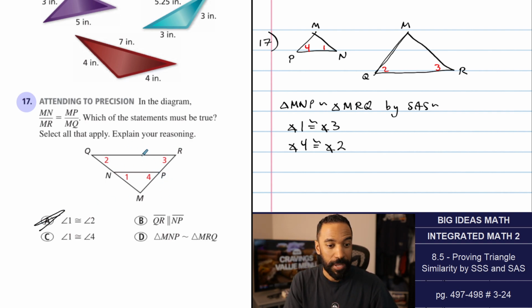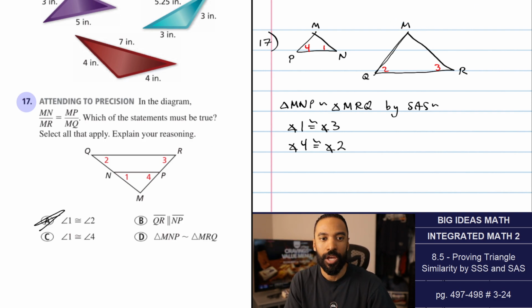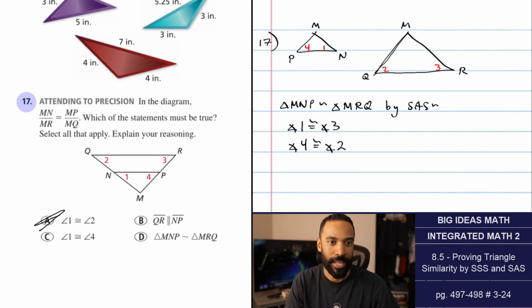QR parallel to NP, same thing. If 1 isn't congruent to 2, then we don't know these two lines are parallel. That's not going to work out. That's why I'm saying this drawing is misleading. What this drawing could actually look more like, I'm just going to make something up: here's N and here's P, like that.